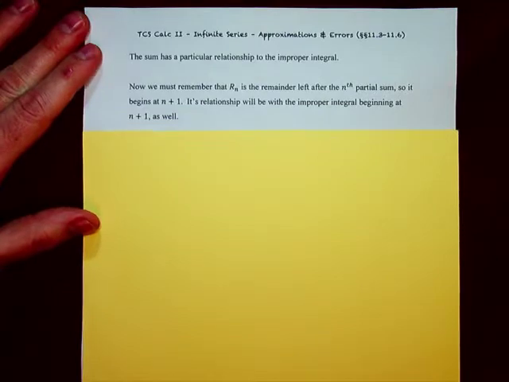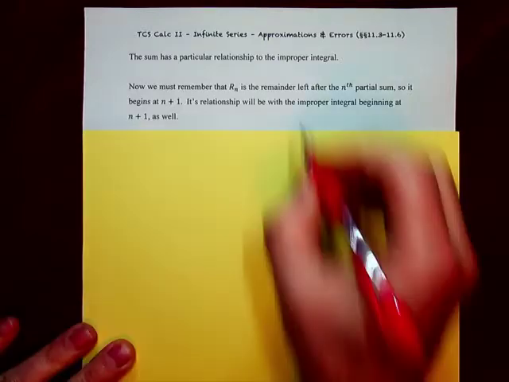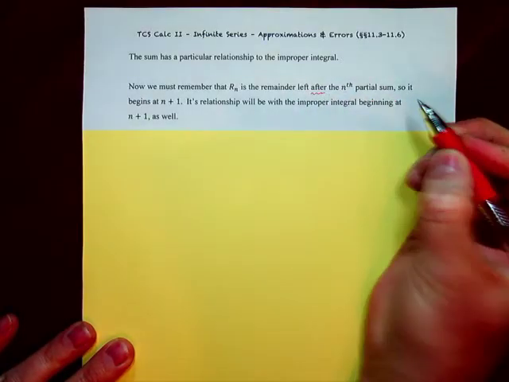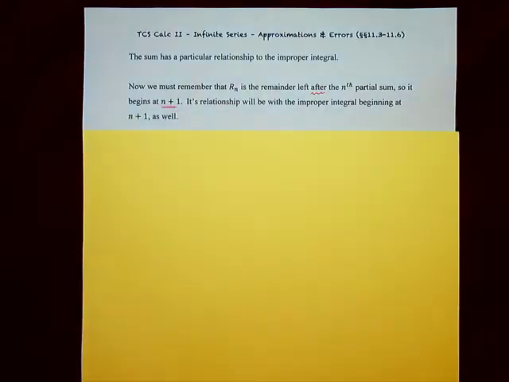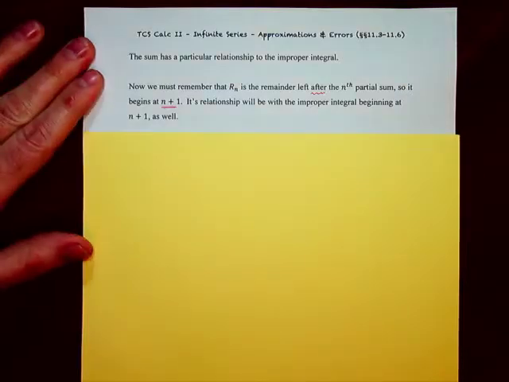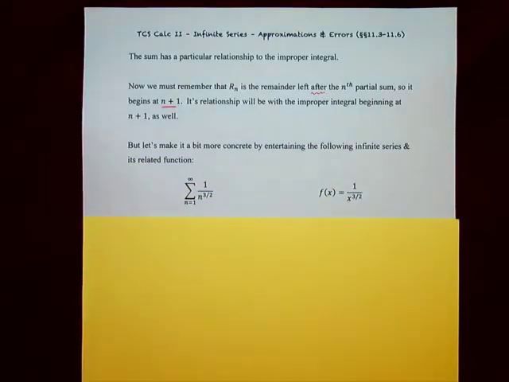Before we get to the specific relationship, we need to remember that R sub n is the remainder left after the nth partial sum. So it begins at n plus 1. Its relationship will be with the improper integral that also begins at n plus 1. Okay, but let's go ahead and make it a little more concrete.